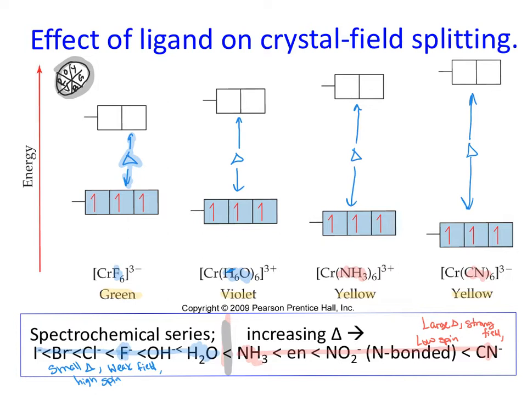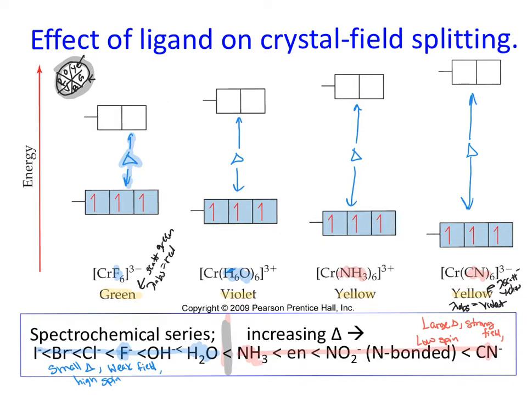So if it appears green, we're scattering green. That means we're absorbing red. And on this other extreme, if we're seeing yellow, that means that the wavelength scattered is yellow, and the wavelength absorbed, so our complementary color, would be violet.